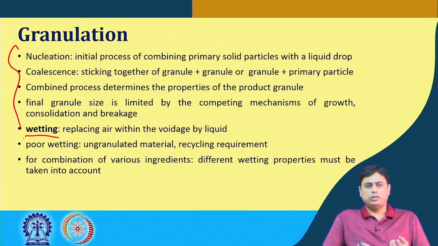This is the point where we say nucleation has happened and the nucleus, or the single granule, has been formed. Then coalescence is the sticking together of this granule with another granule or with the primary particles. The combination of these processes determines the property of the end granules or the final product.